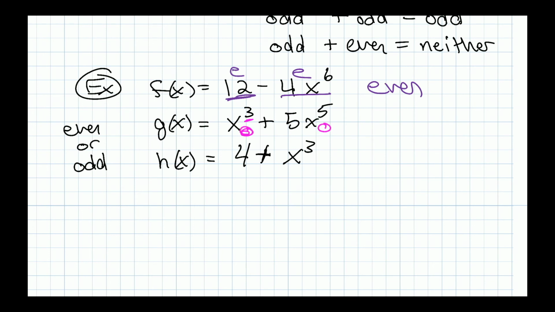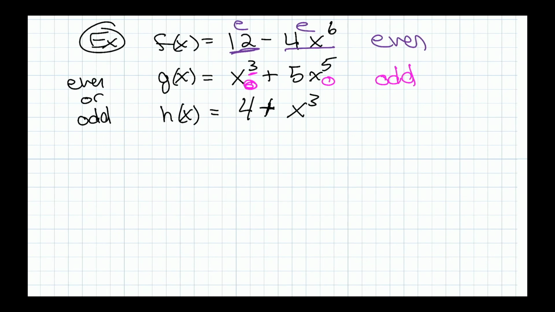So it's odd and odd, which is odd. And on the last one, you've got a constant, which is even, and you've got x to the 3. 3 is an odd number, so you have an even and an odd, and that is neither.